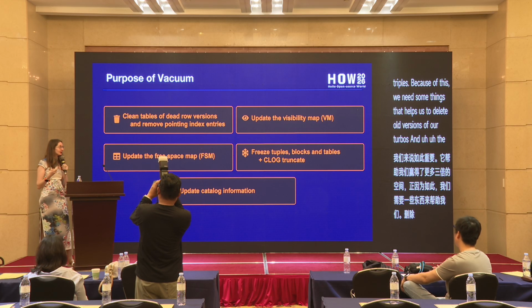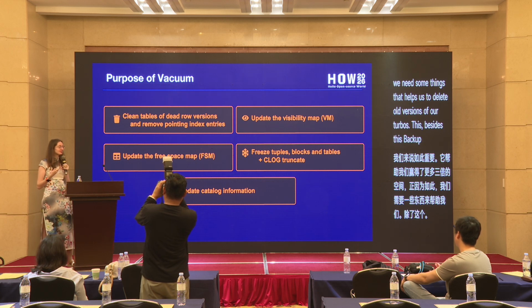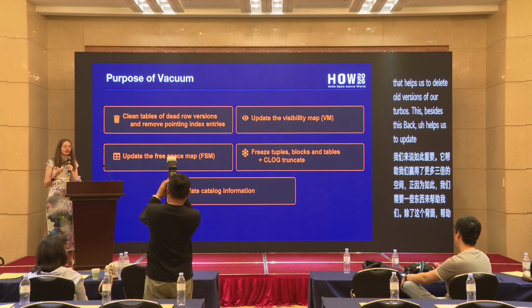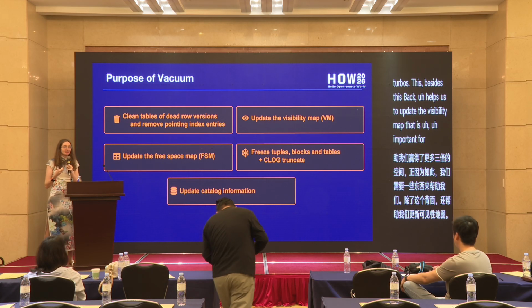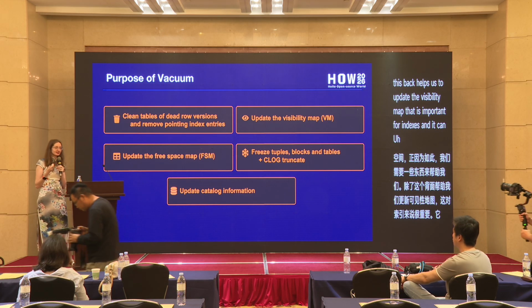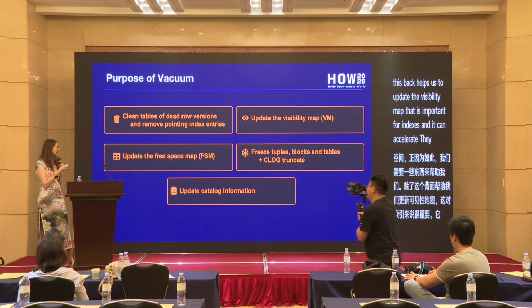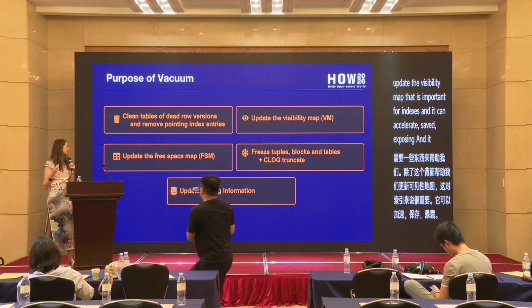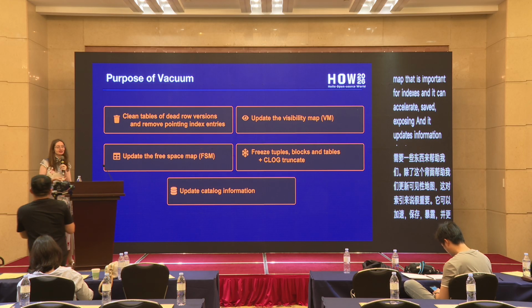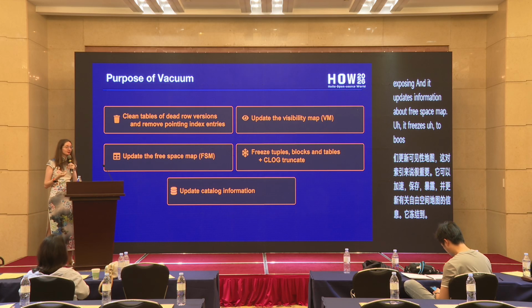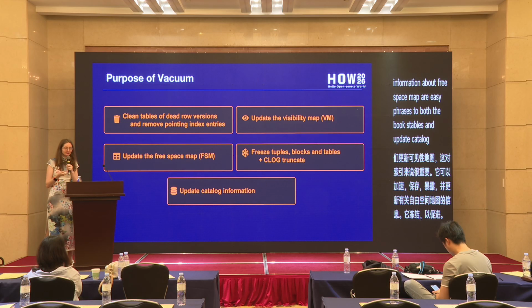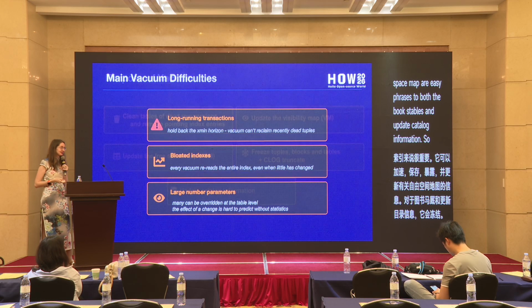Besides this, vacuum helps us to update the visibility maps that is important for indexes, and it can accelerate the index processing, and it updates information about free space map. It freezes tuples, blocks, tables, and updates catalog information. So it's a really important system.